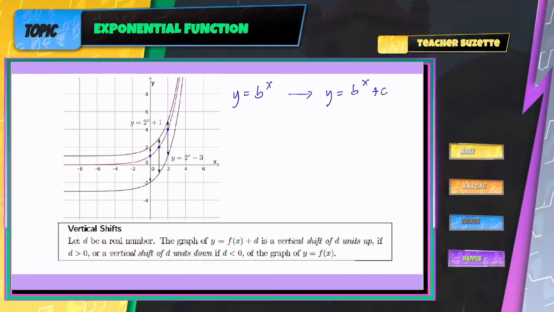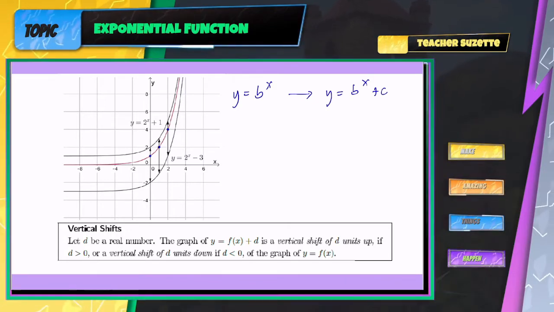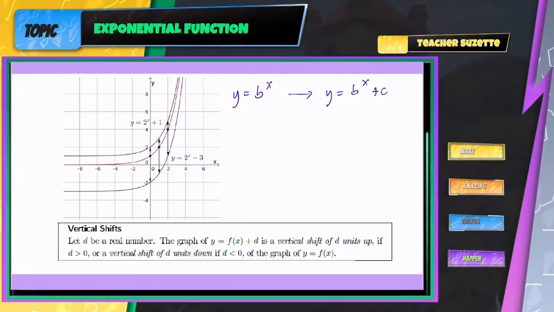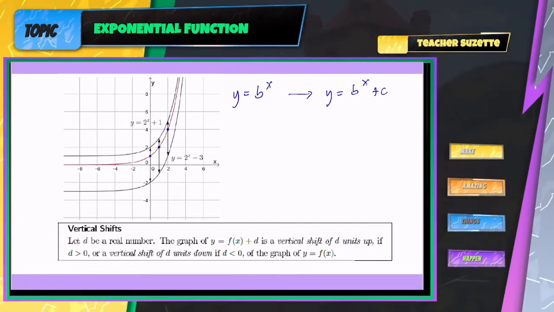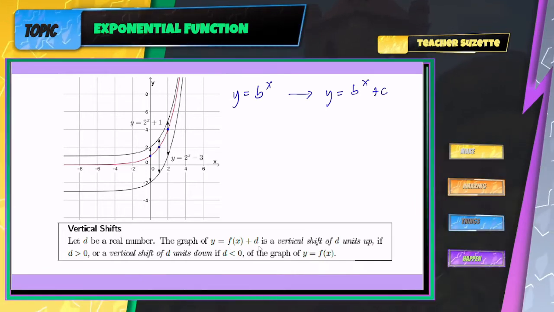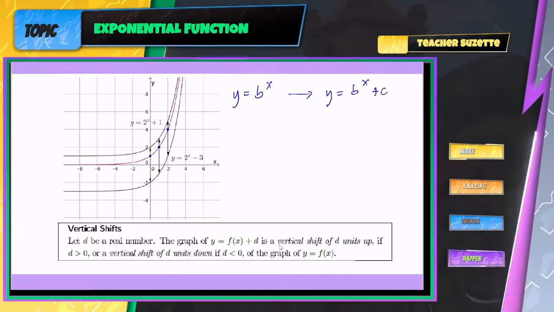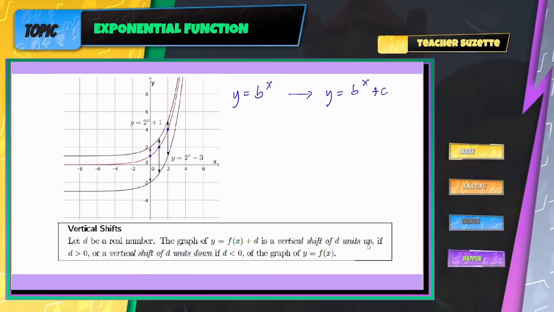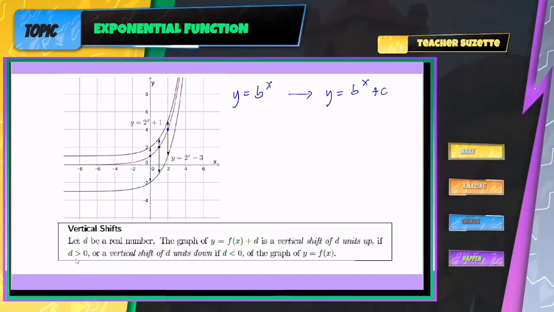So in general, with our base form y is equal to b raised to x, when we add c to this, the shift that happens to our graph is what we call the vertical shift. Let d be a real number. The graph of y is equal to f of x plus d is a vertical shift of d units up if d is greater than 0.